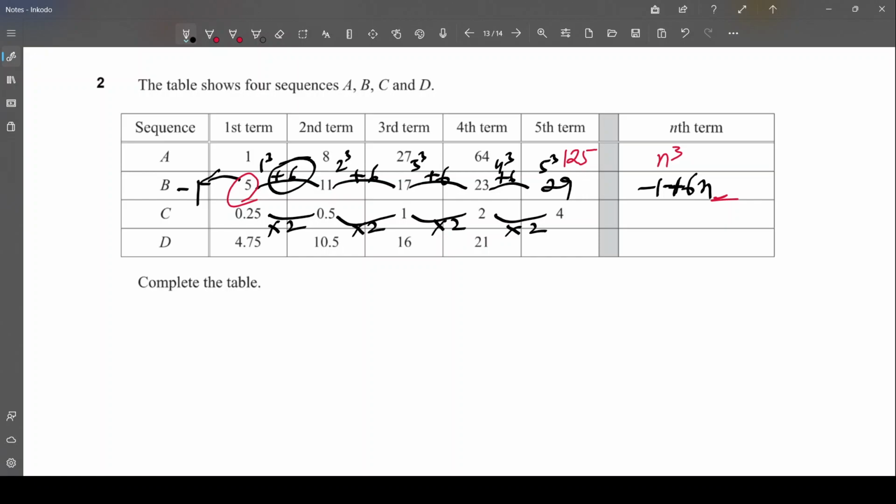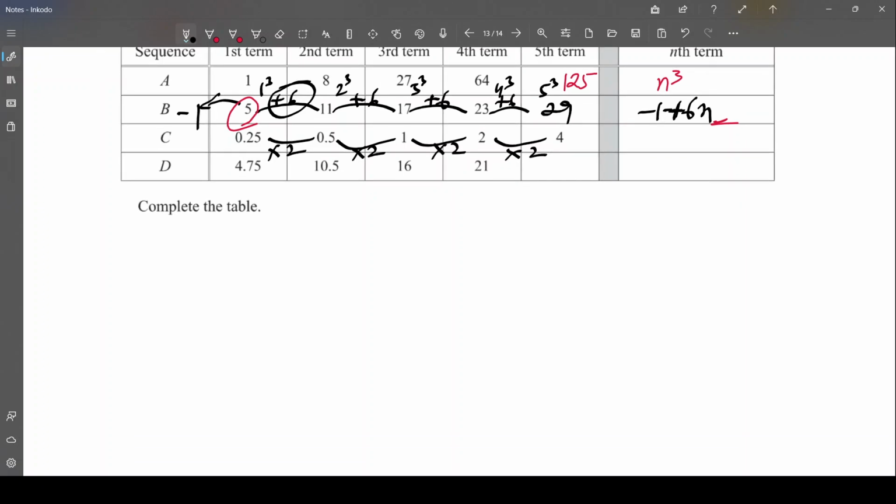If I divide 0.5 by 2, I get 0.25. If I divide 1 by 2, I'll get 0.5. Sorry, 0.5 by 2 is 0.25. 2 divided by 1 is 2 and 4 divided by 2 is 2. So if you write multiply by 2 or division by 2, both will work.